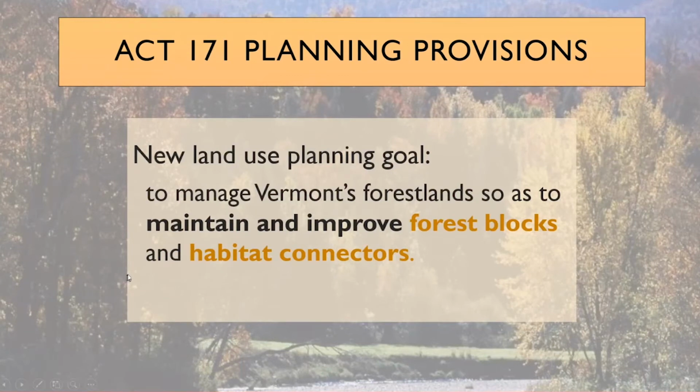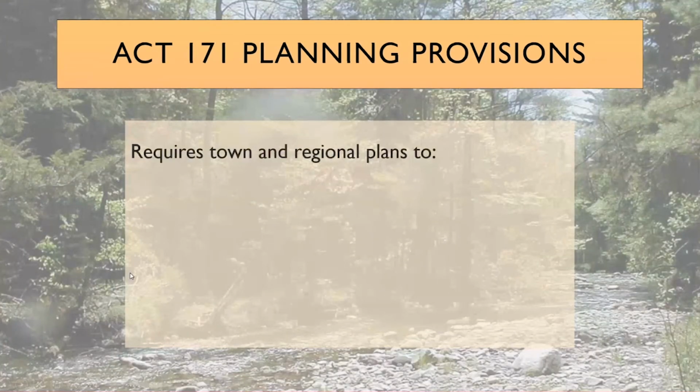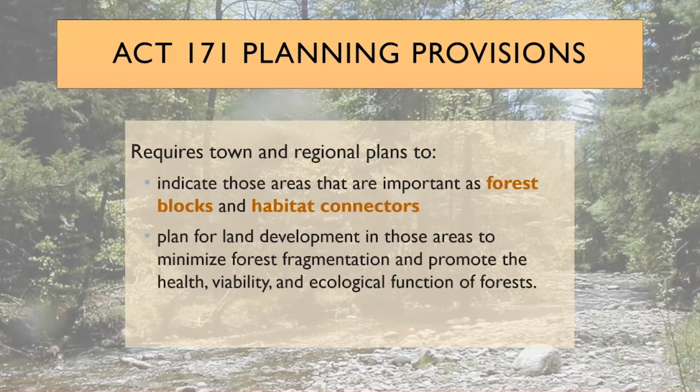That requires both towns and regional plans. And I know there are a couple of regional planners on the line, some of whom are wrestling with their regional plans related to this. It requires that both town plans and regional plans indicate those areas that are important as forest blocks and habitat connectors.